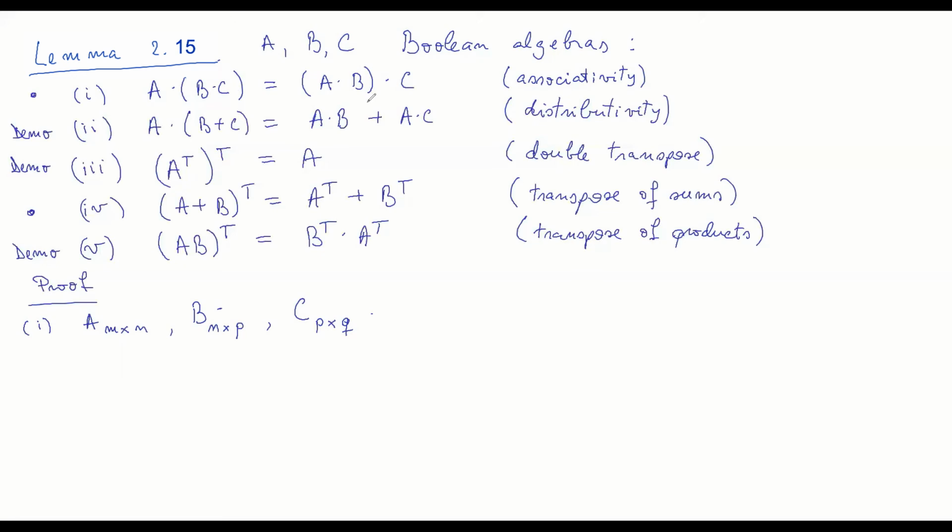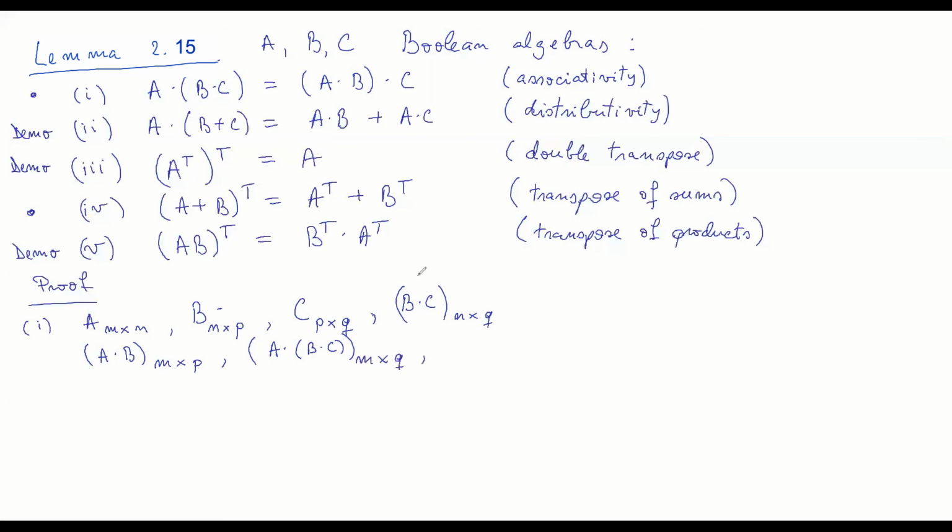So they have to have the right types in order for these operations to be applicable. Now in this situation, obviously B times C is of type n times q, and A times B is of type m times p. The matrix on the left-hand side, A times BC, is of type m times q.